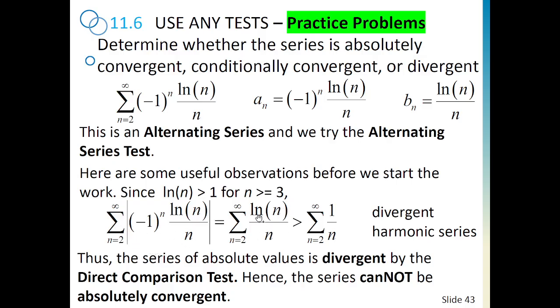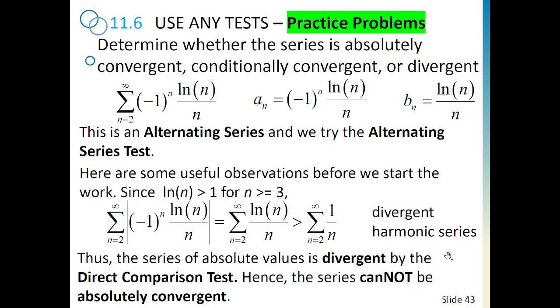Now here ln n is bigger than 1, obviously. So this series is bigger than the series of 1 over n, which is the divergent harmonic series. So our series is bigger than a divergent series. Therefore, the series of absolute values is divergent. That means that this alternating series cannot possibly be absolutely convergent. It is not absolutely convergent.